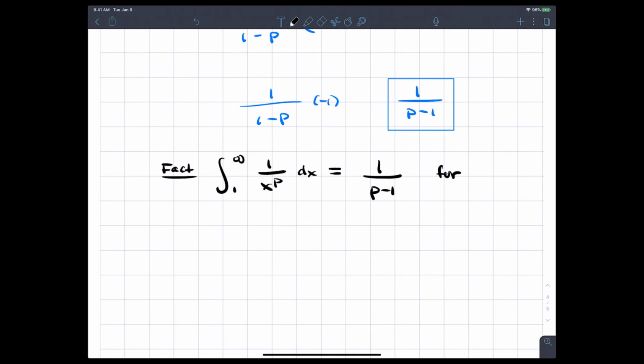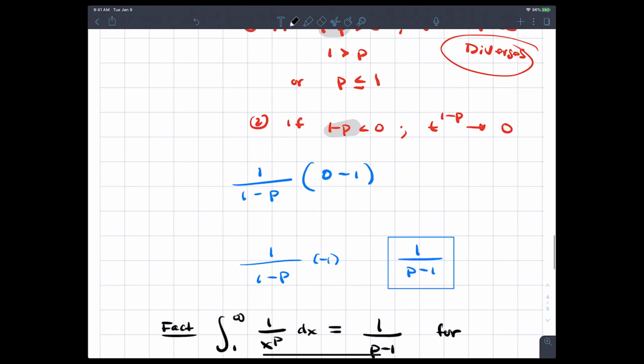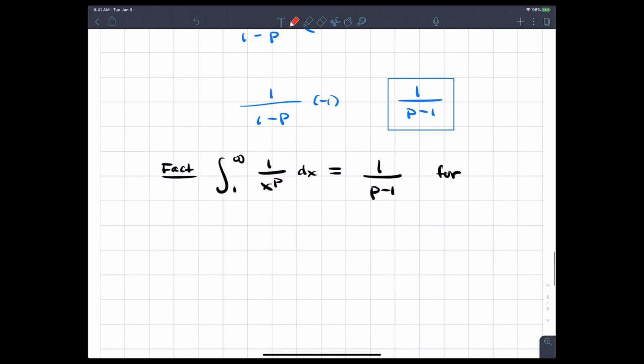And that's for p now. We say, what kind of p? Well, if 1 minus p is smaller than 0, what that means is p is bigger than 1. So p has to be bigger than 1 for convergence. So this is a very famous fact. P needs to be bigger than 1.